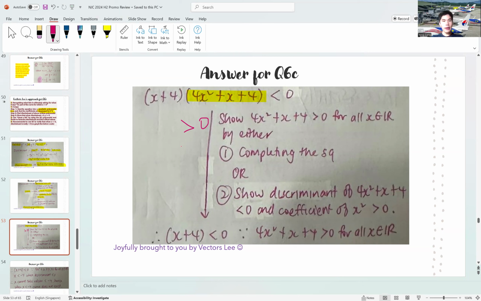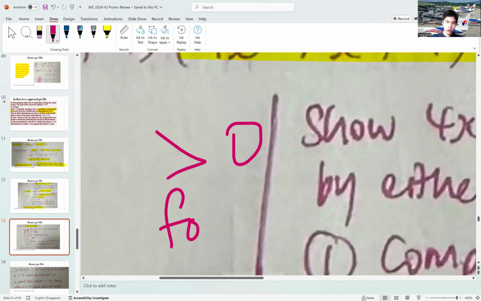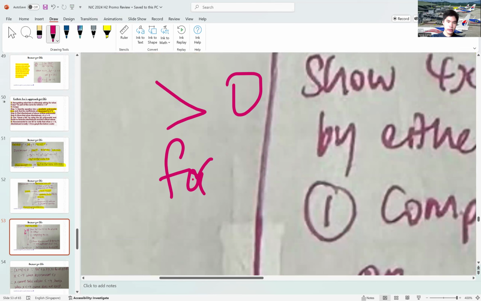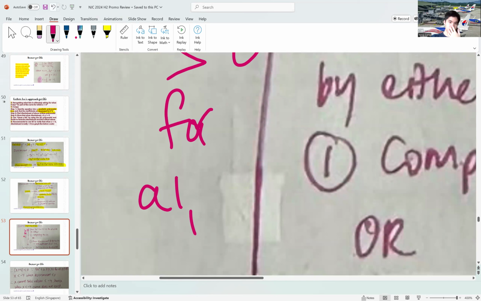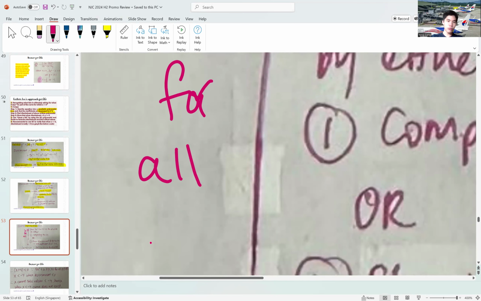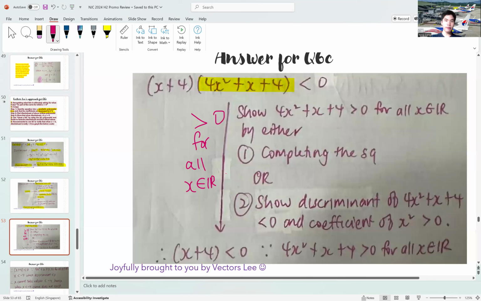And when it's more than 0 for all real values of x, then they are going to reject this quadratic factor. The moment they have rejected it, that is when you prove that x plus 4 is less than 0 and hence x is less than -4.